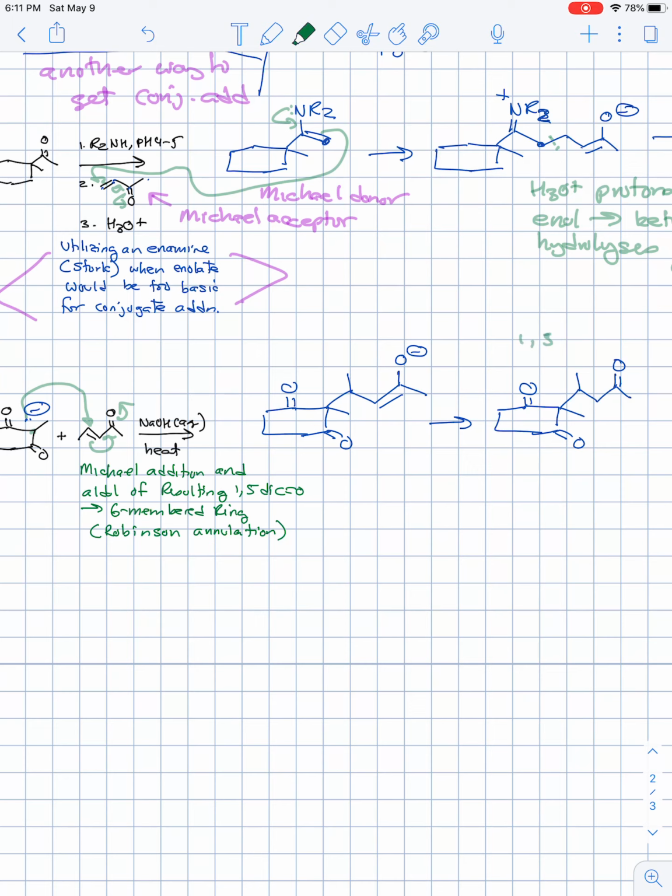And so this 1,5-dicarbonyl, with the motivation of heat, can now do an aldol. And so if we assess this as an aldol reaction, these two carbonyls are equivalent, right? Everybody can hopefully see that.